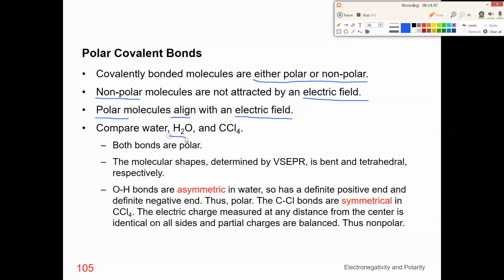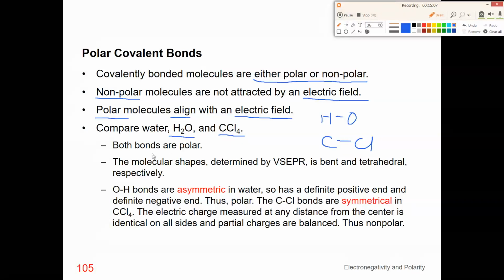For example, we can take two molecules, water and carbon tetrachloride. Water has O-H bonds, and carbon tetrachloride has carbon-chlorine bonds.